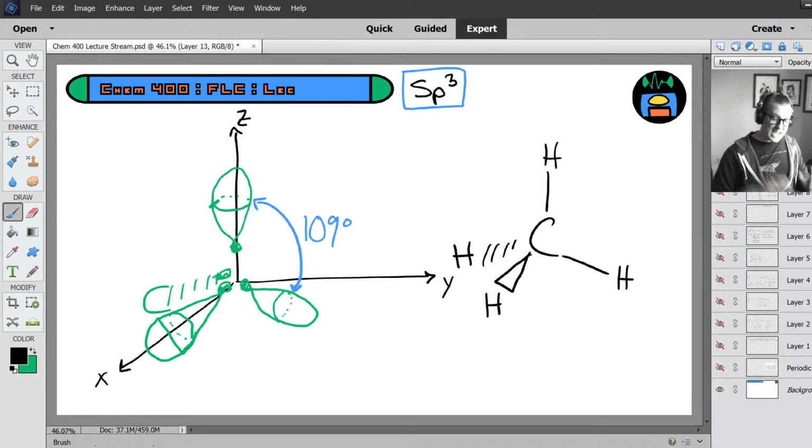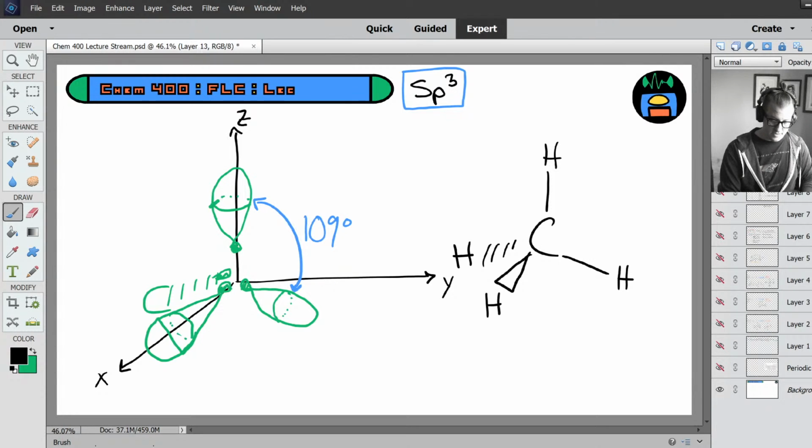So the answer to the question we were asking with hybridization, what orbitals are involved in forming these bonds, is that they're not the atomic orbitals, not the s orbital and the p orbitals that we learned. These sp3 hybrid orbitals are involved in the bonding of this tetrahedral methane.